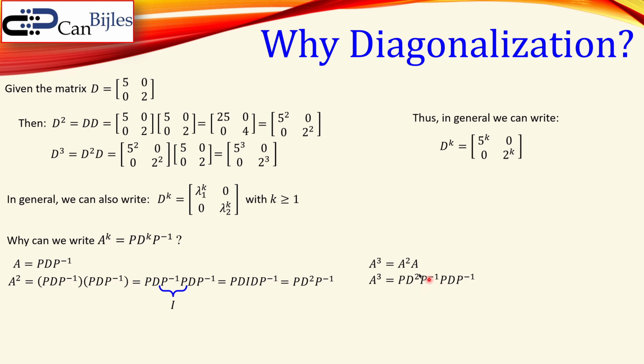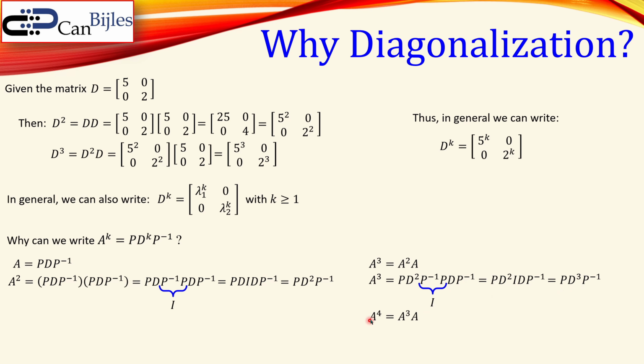We can see here, because we again set here the a next to this one, so we just multiply that. But you see here p inverse times p is again I, that is our identity matrix, so that can be just multiplied out, and you can see here d squared times d will be this d to the power 3. Again, what you see here will appear here in the exponent of your eigenvalue matrix, in this case d.